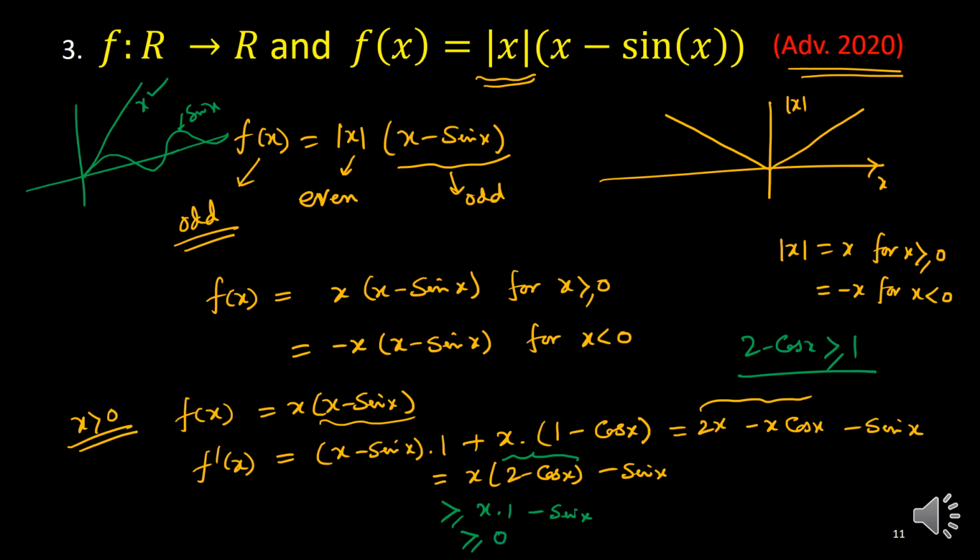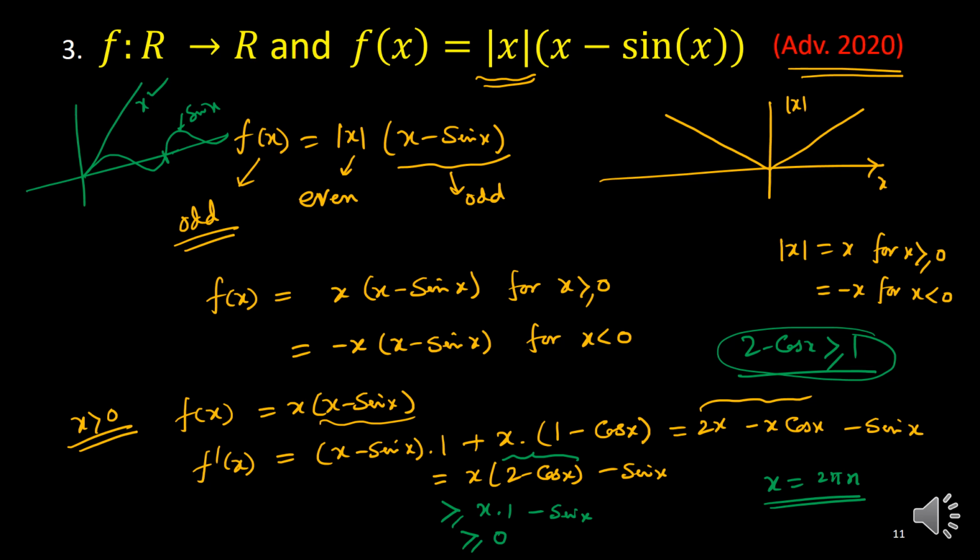The equal sign will be there only at some points, not a range, okay. So x could be 0, or when this becomes 0, means x equals 2 pi n, that kind of thing, and at those values the equal sign will be there, it will be 0. But those are points only, so it is not an interval.